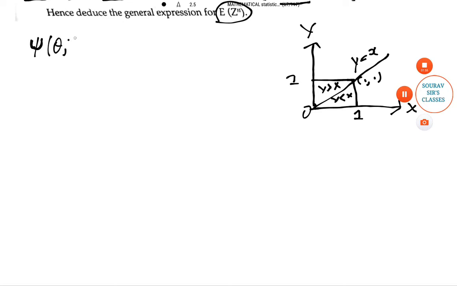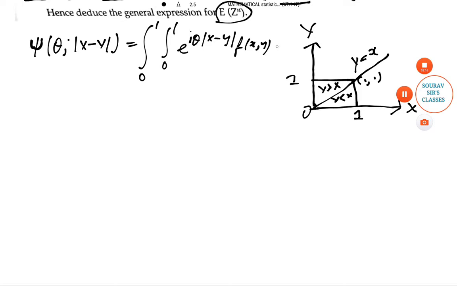phi theta comma x minus y equals limit 0 to 1 e to the power i theta modulus x minus y modulus f(x, y) dx dy. So we can do this.